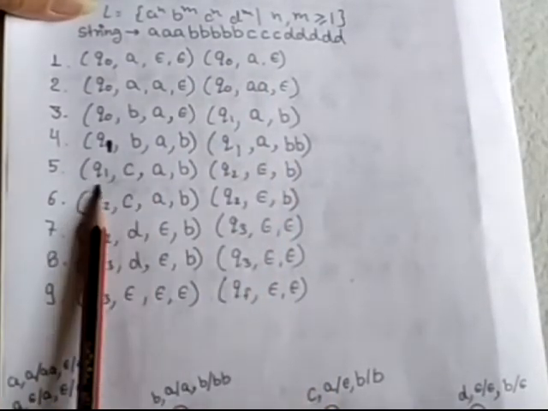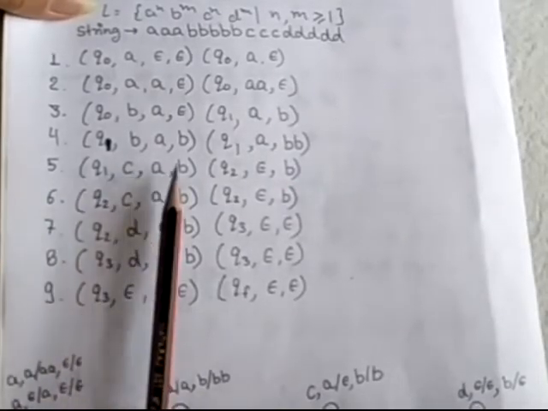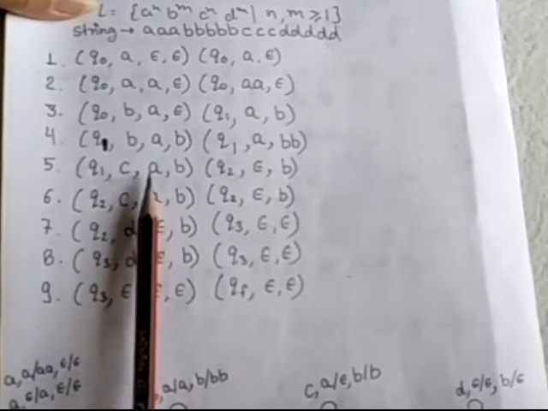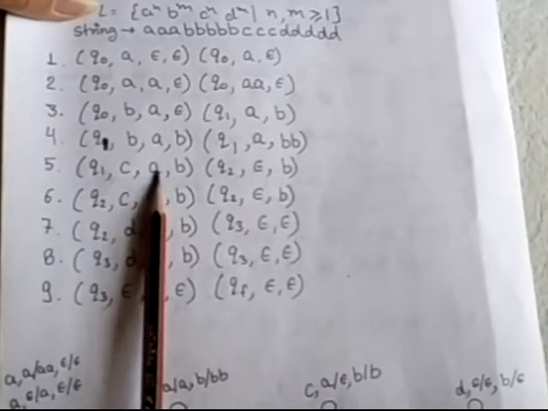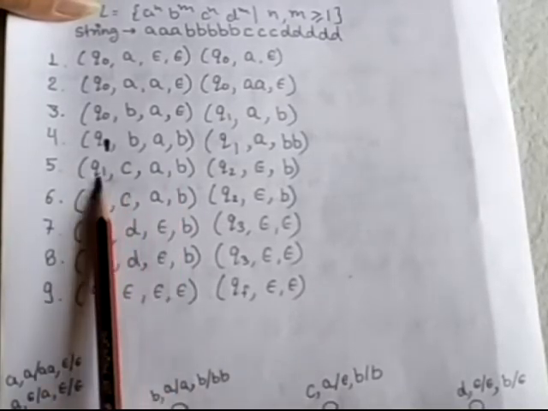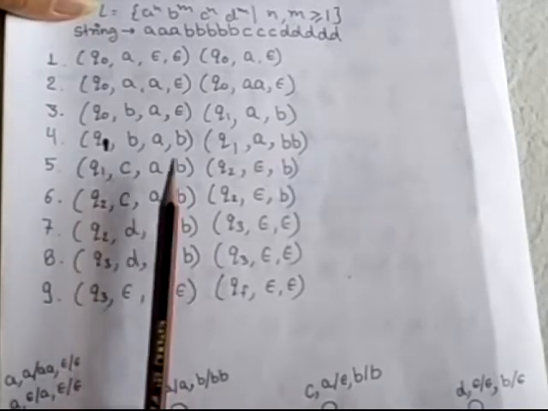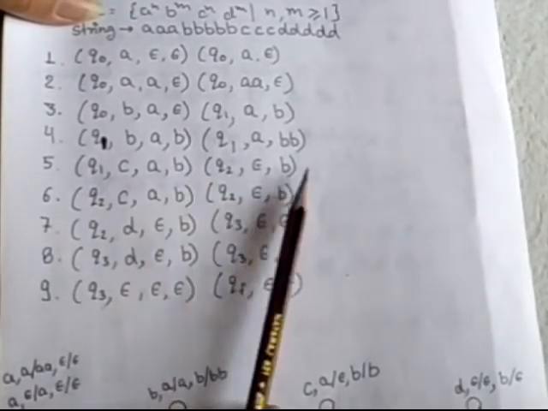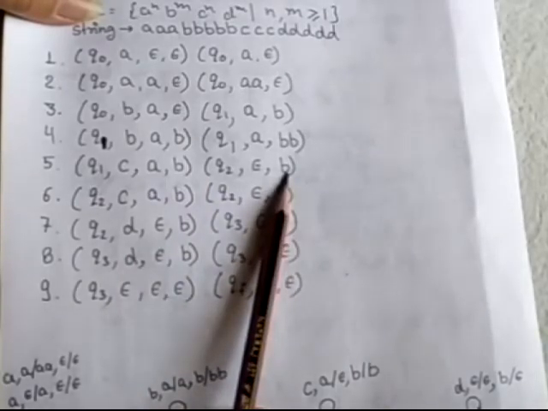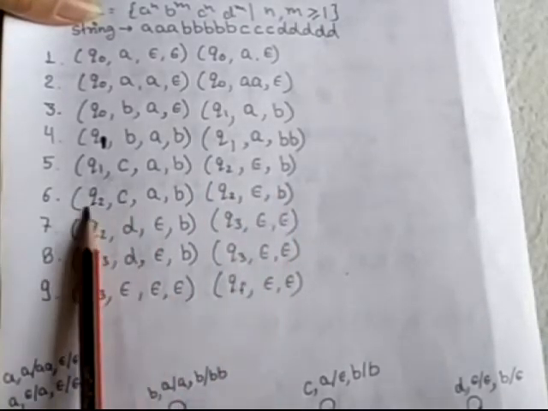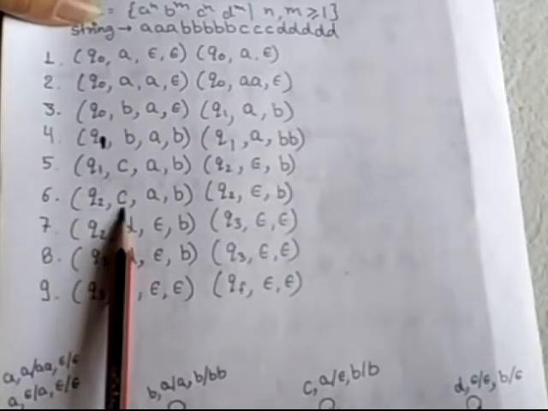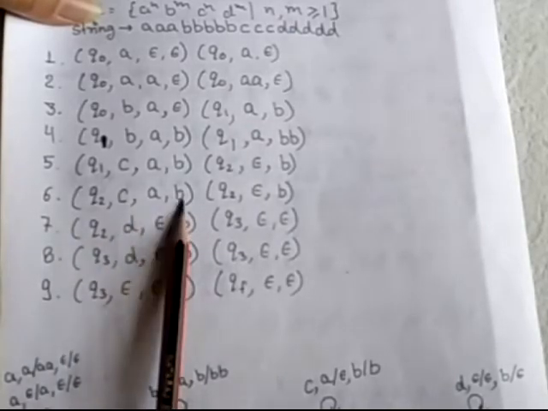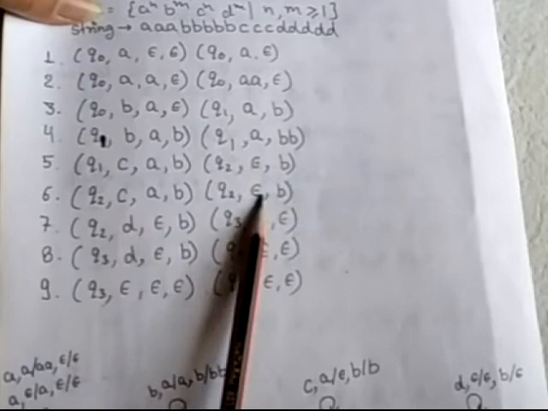Now at Q1, when we read C, top of stack 1 is A, so we start popping stack 1. We go to Q2 and pop stack 1. Stack 2 is unchanged; we don't do anything with stack 2. Then at Q2, we read the next C. Top of stack 1 is A, top of stack 2 is B. Again we pop stack 1.